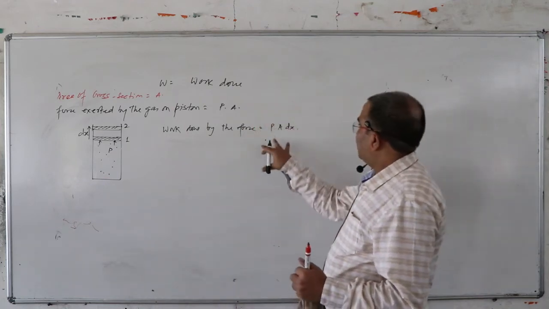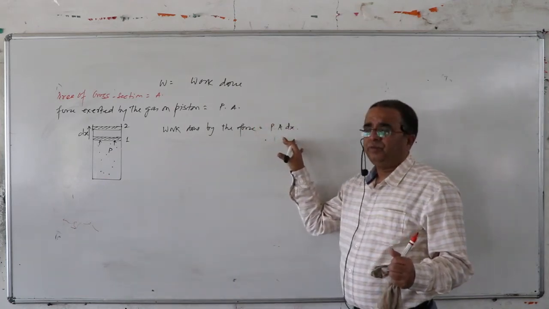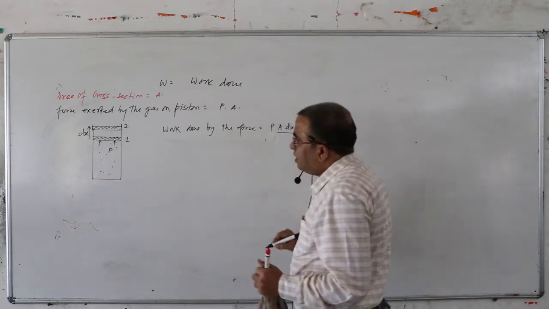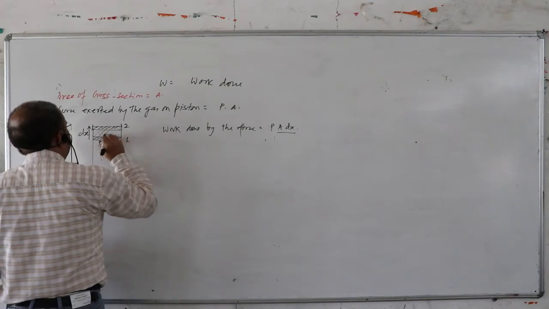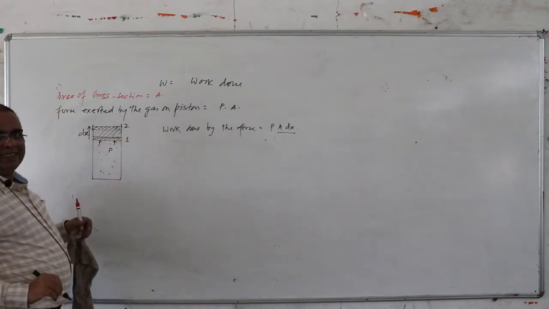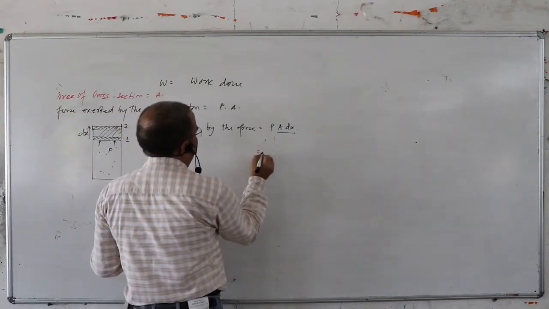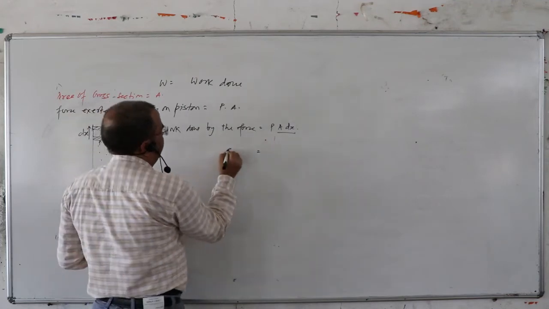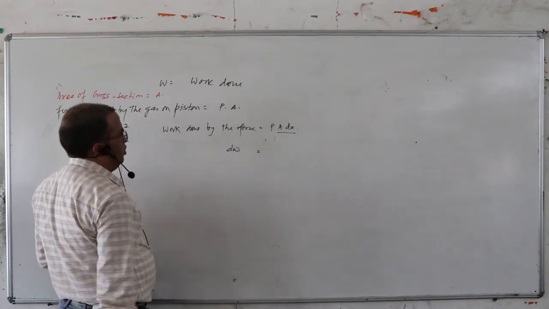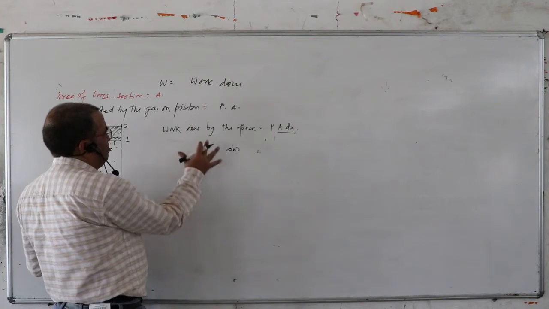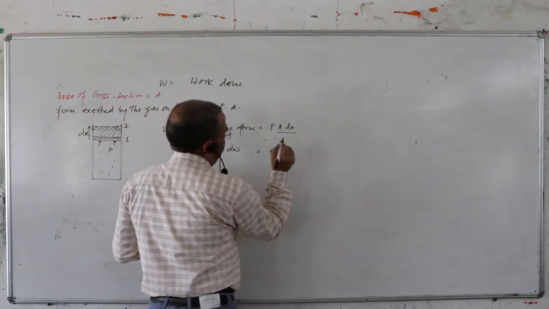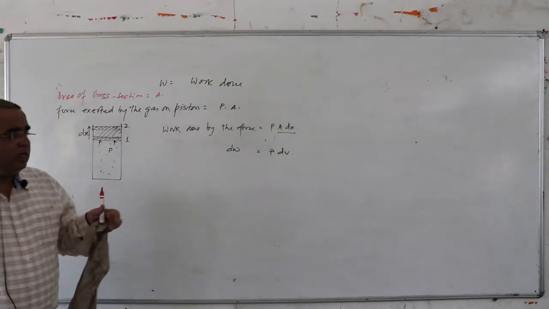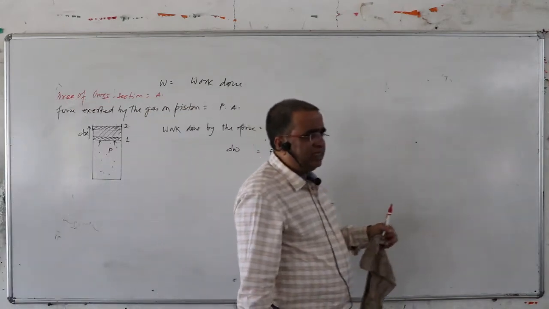Here A dx is the extra volume. So the work done by the force, or simply the work done by the gas in this process, is P into dV. That is simple and very easy to understand.